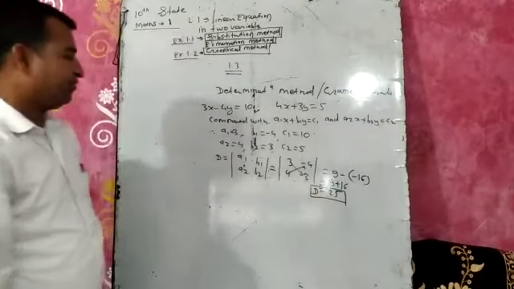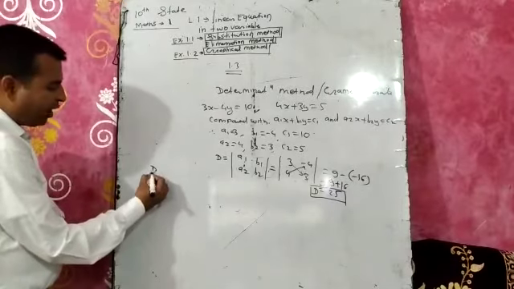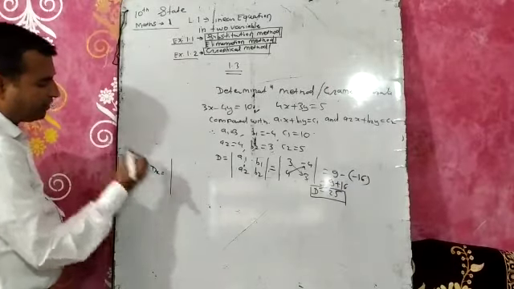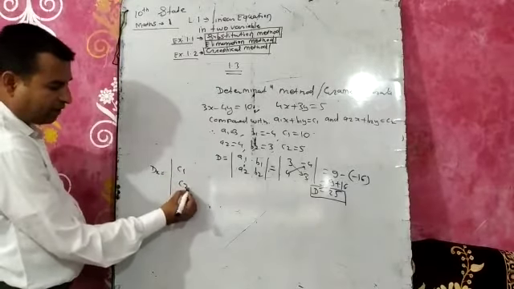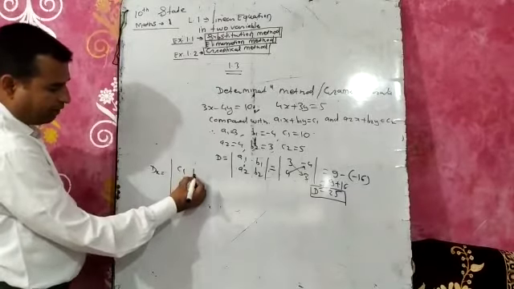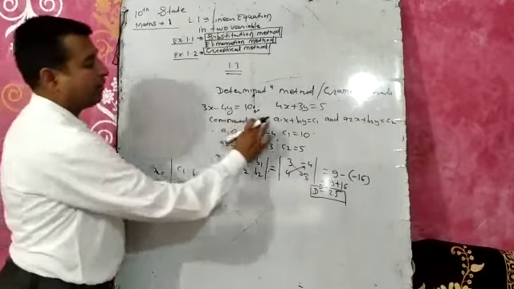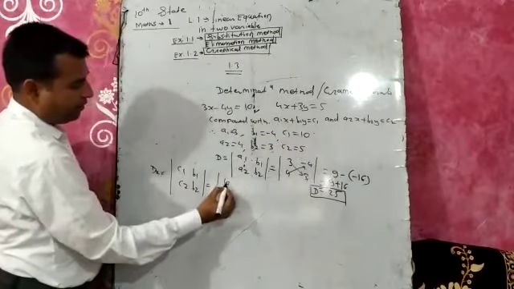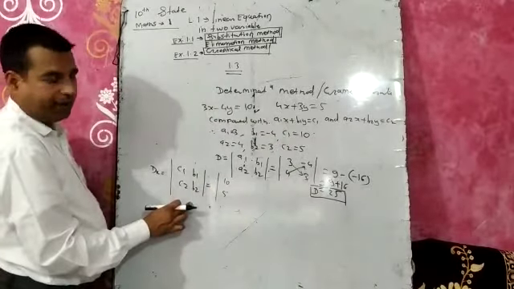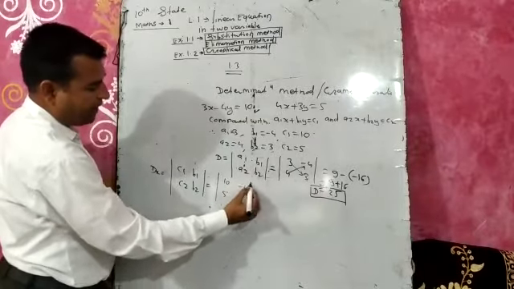Find D. Now second, find Dx. C1, C2 and B1, B2. Put the values. The values of C1, C2 are 10 and 5. B1, B2 are minus 4 and 3.